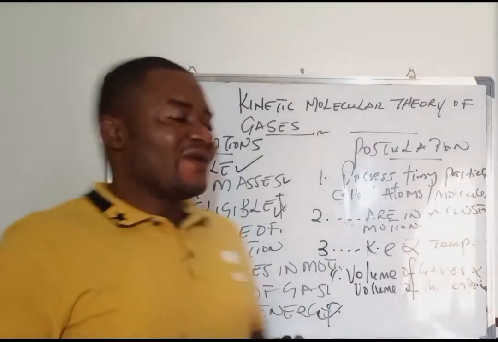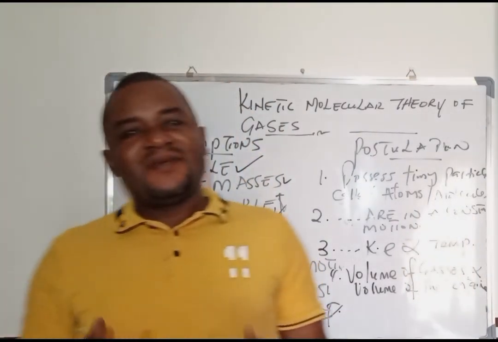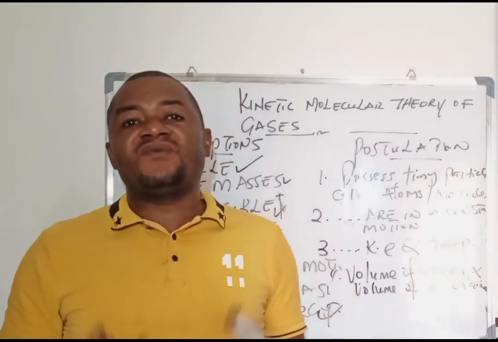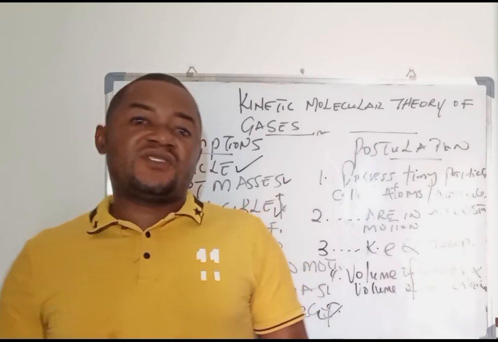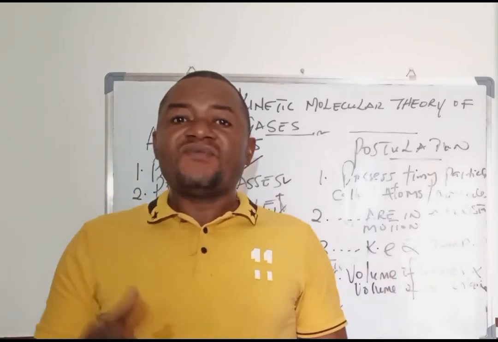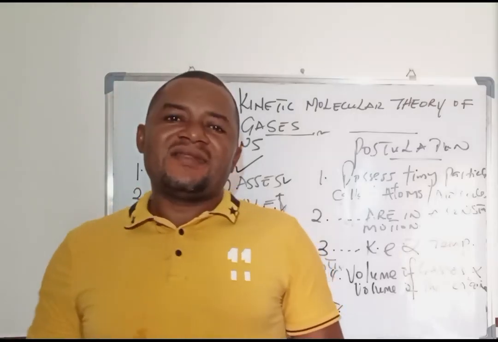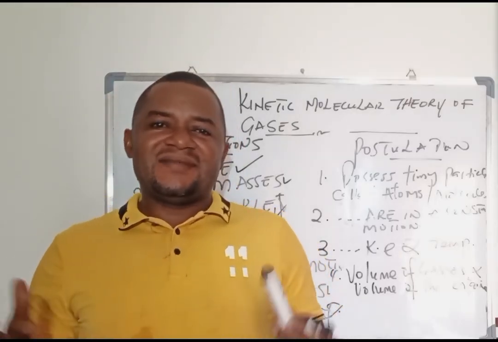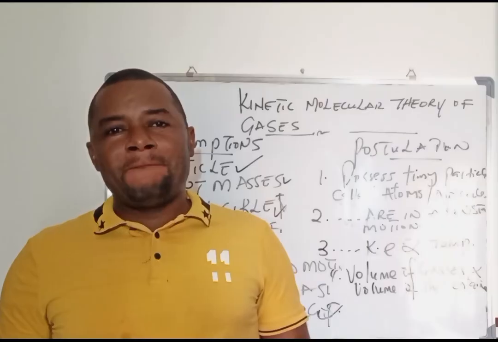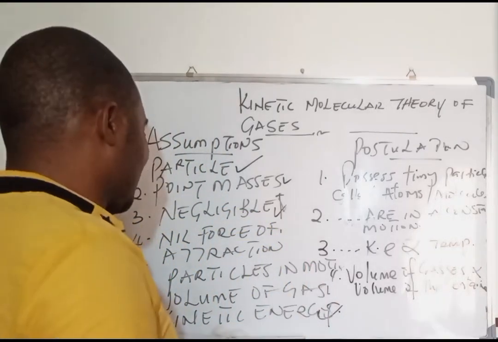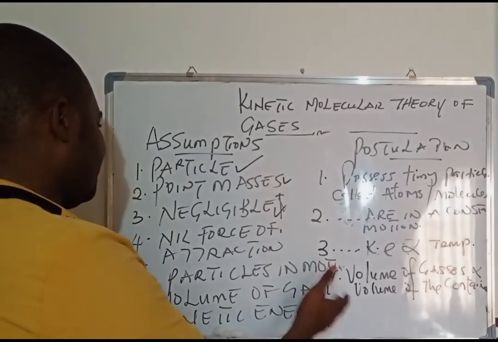The volume of the gases is directly proportional to the volume of the container. So if you want to look at the volume of a gas, you can look at it by understanding the volume of the container that houses that particular gas.